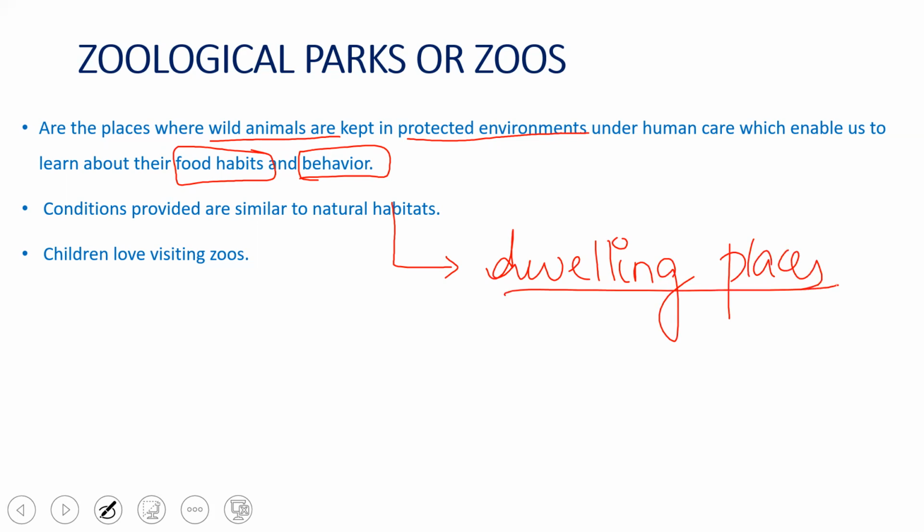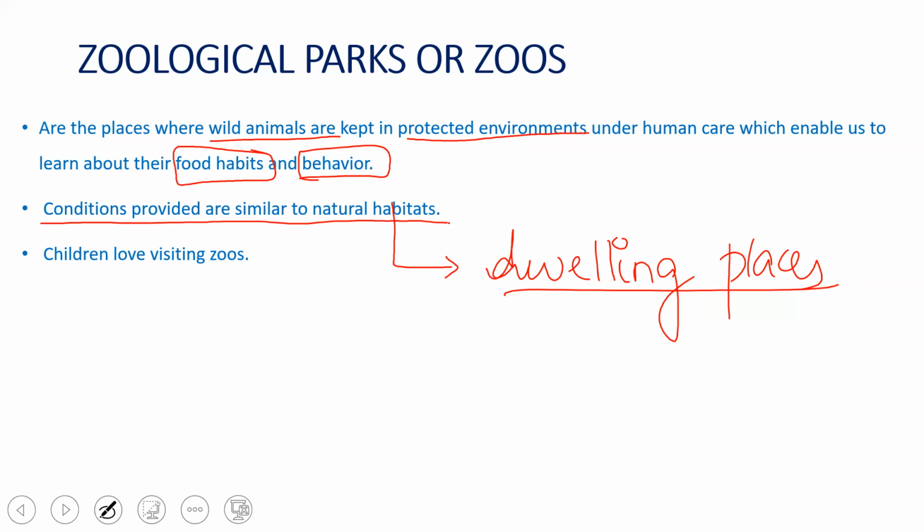So the temperature should be lowered, and the cage or whatever place has been created for it has to be almost the same, because the chances of survivability will be very, very low if it does not have a natural habitat. The creation of a natural habitat for these animals is very important. That is why it plays a very important role. The conditions are very necessary to create a natural habitat.